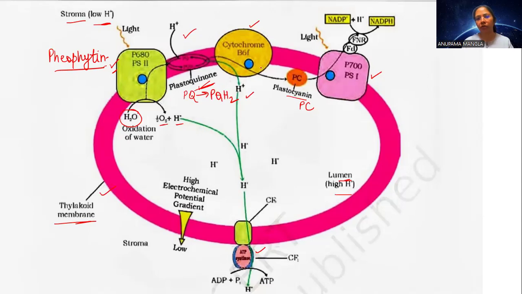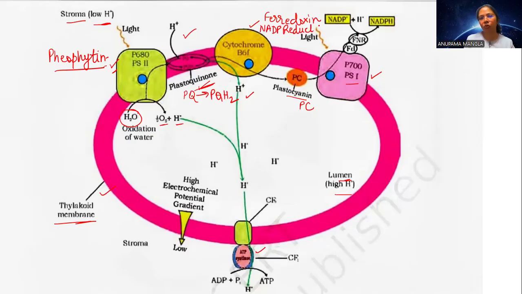Now, moving further from cytochrome B6F, the electrons will go to plastocyanin, which takes them to photosystem 1. Photosystem 1 gets excited and the electron moves to ferredoxin. From ferredoxin, we have this enzyme FNR. FNR stands for ferredoxin NADP reductase.